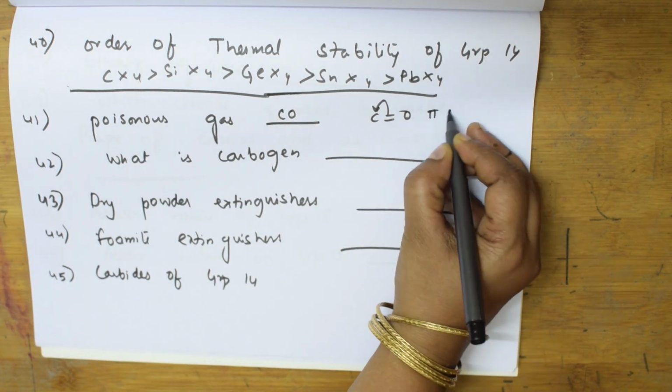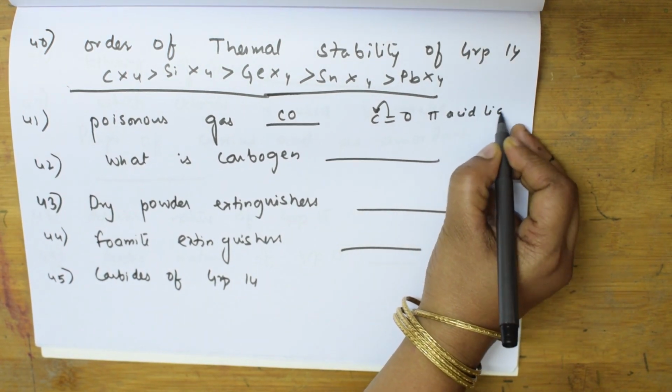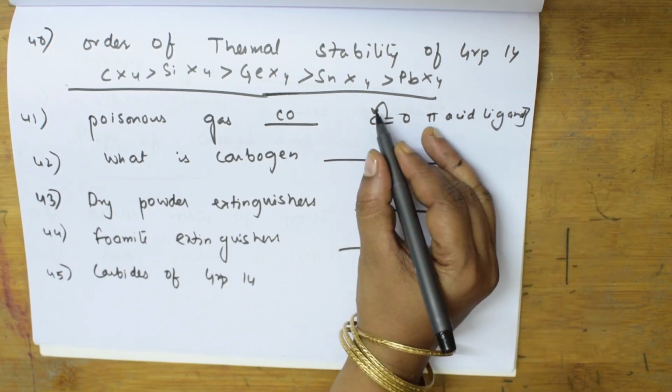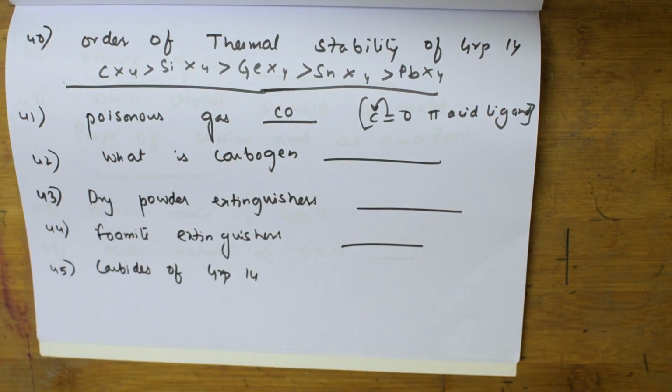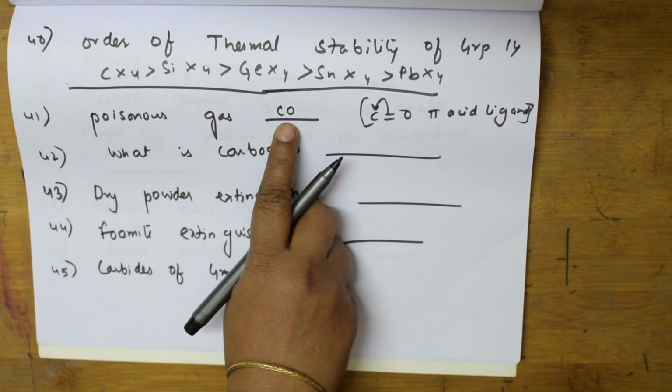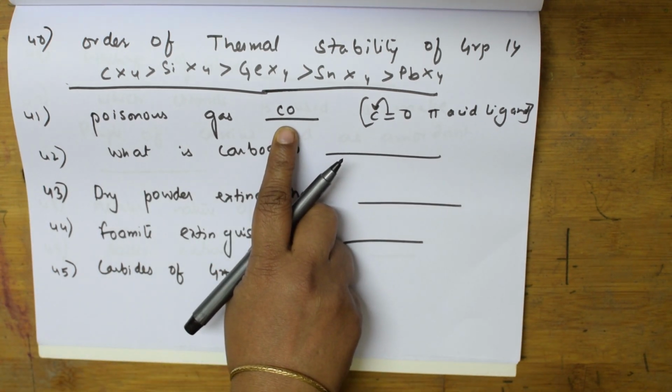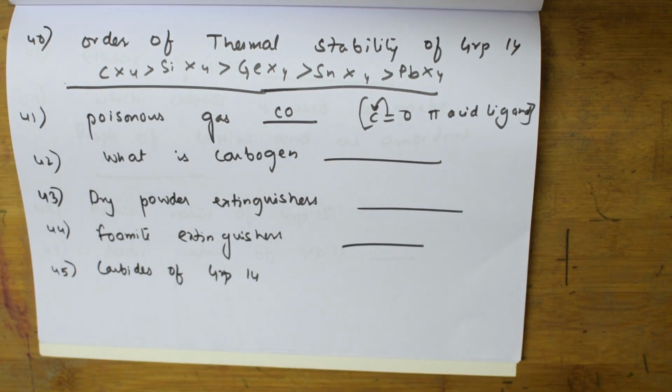Because of the formation of carboxyhemoglobin, there is no absorption of oxygen, and that's why it is called a poisonous gas. If they ask you for the poisonous gas, you can just write carbon monoxide.